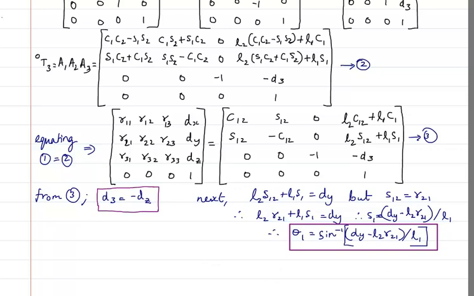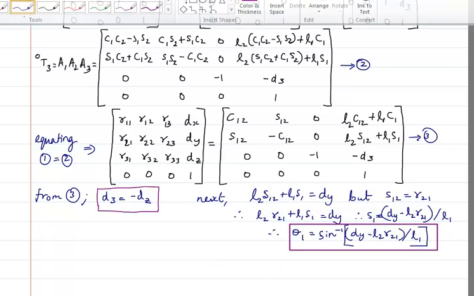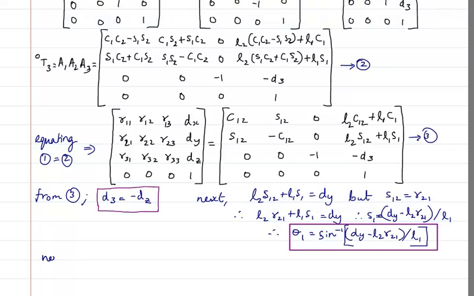Next, anyway, S12 is already known, so S12 is equal to sine of theta 1 plus theta 2, which is straight away given as R21.